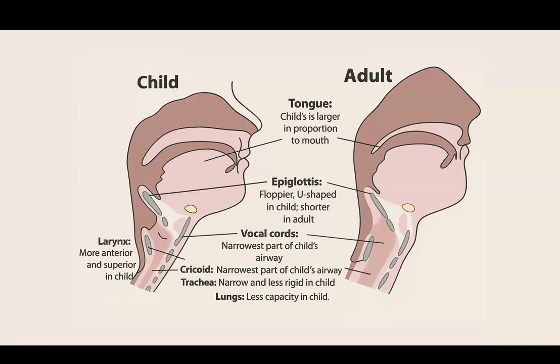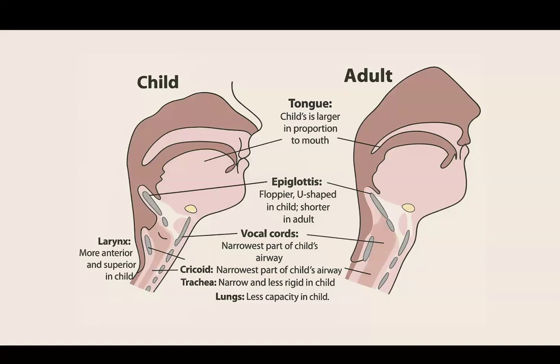The airway wall is also more compliant and prone to collapse. Lastly, the functional residual capacity is lower in pediatrics, so they have less oxygen reserve and higher oxygen requirement.